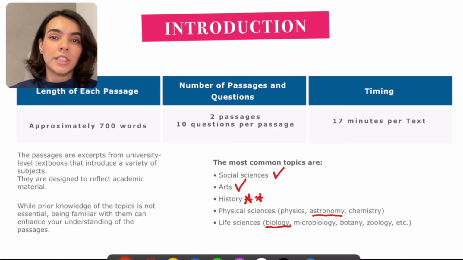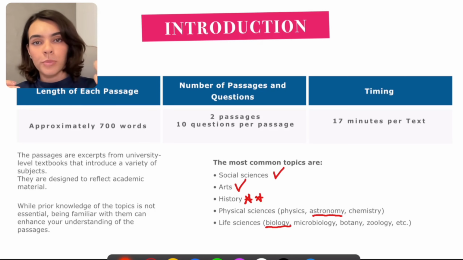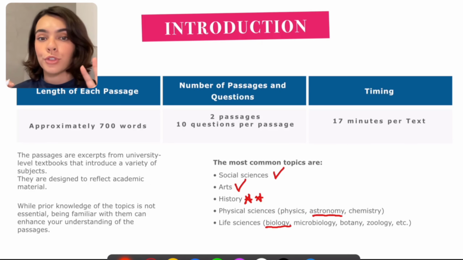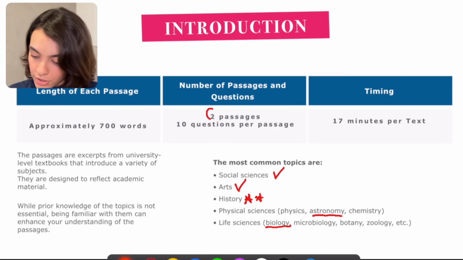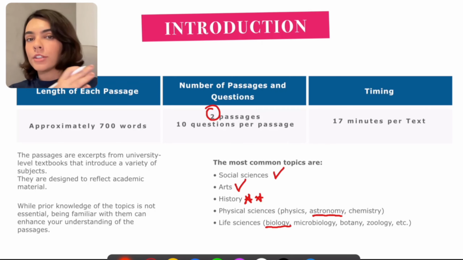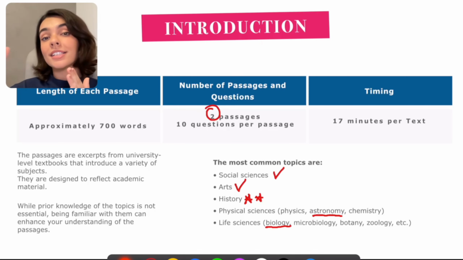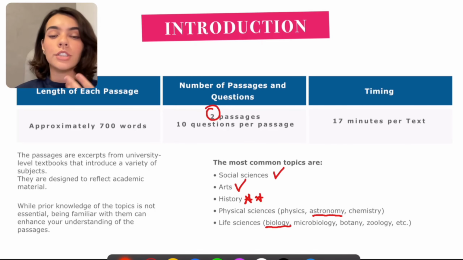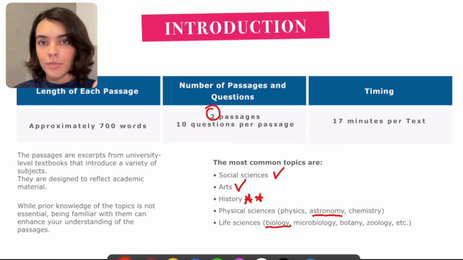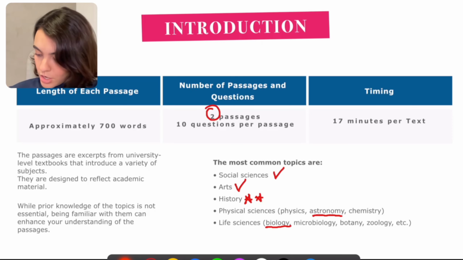So here I just wanted to highlight that you can see things from science and humanities. Usually, since you have 2 passages, as I mentioned, one text is going to be more related to humanities, so social science, history, arts, and the second one is going to be related to science, such as astronomy, biology, and so on. Okay, great.